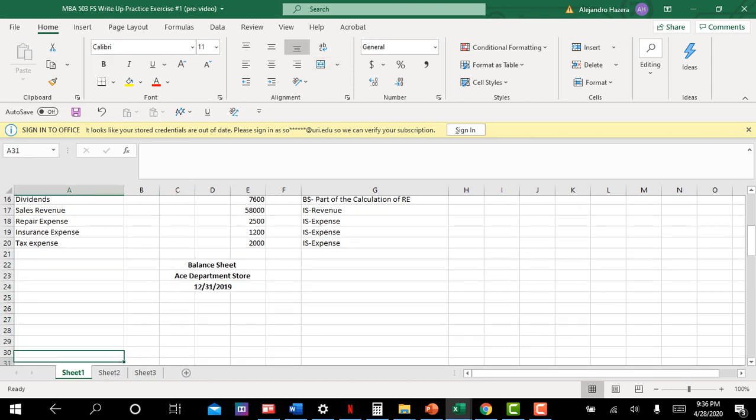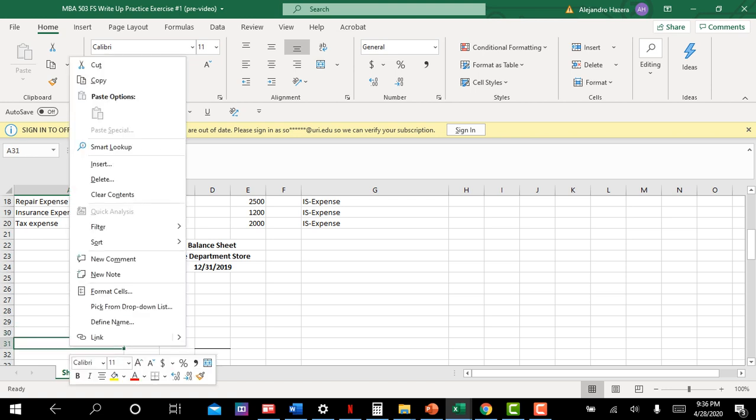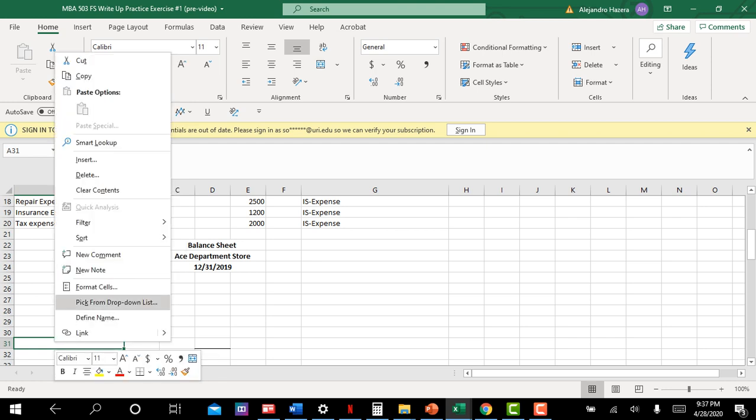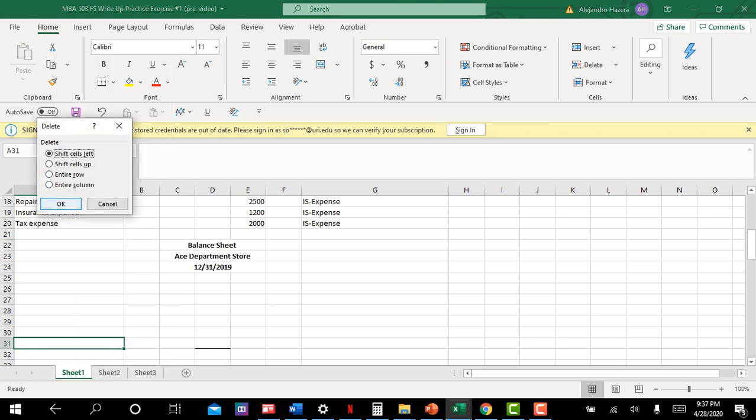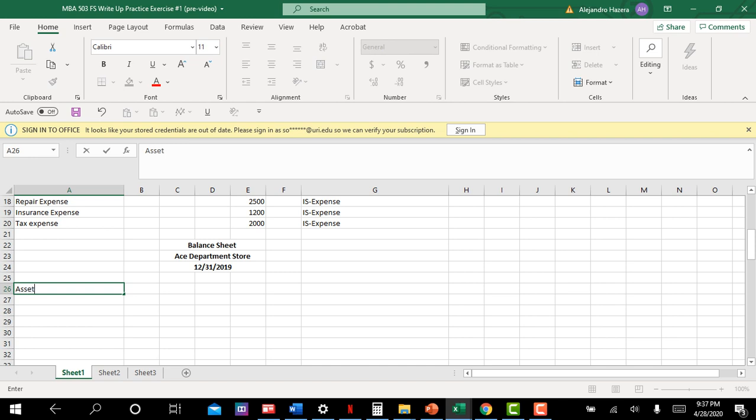Now I'm going to cheat a little bit, and I'm not going to give any assets or liabilities for this balance sheet. Take out a row here, clean this up. Okay, so I'm just going to say assets, and I'm just going to leave this blank.